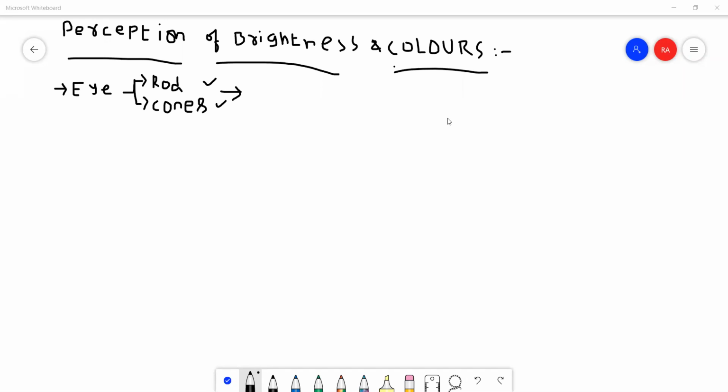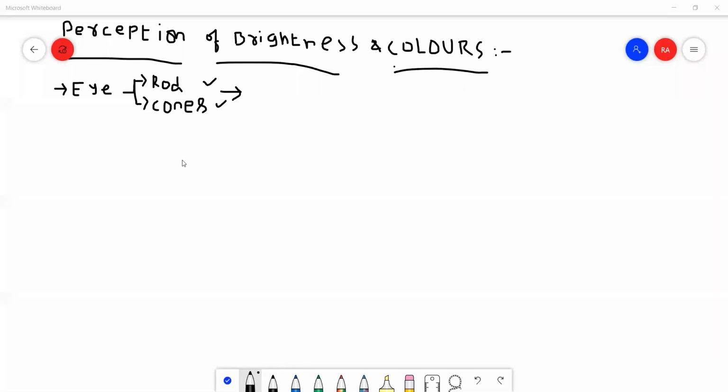So the optic nerve integrates the three colors separately to enable the brain to perceive the actual color of the object. This process is known as additive mixing.